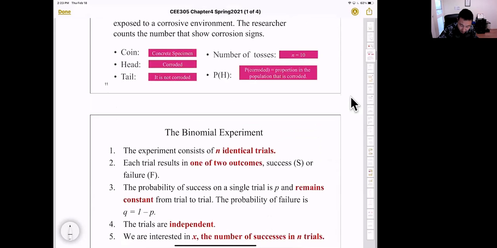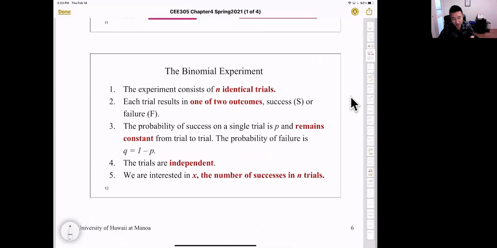So in summary, a binomial experiment consists of n identical trials, and each of these trials is independent of the others. Each trial follows a Bernoulli trial, so there are only two possible outcomes: success or failure.